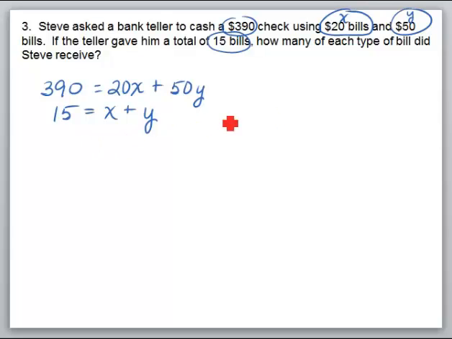This one is going to be solved easily with elimination. Probably be just as easy to multiply everything times negative 20. So my first equation does not change.